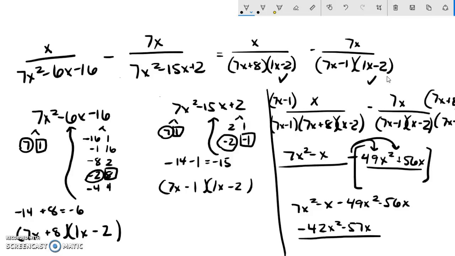And now we can go ahead and write our denominator, which if it's still in factored form, we get 7x minus 1, 7x plus 8, and the x minus 2. If they want you to simplify this, you can, but hopefully they won't make you do that. So hopefully this was helpful, and please ask me more questions if you need.